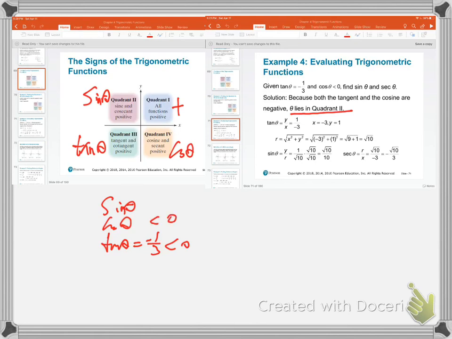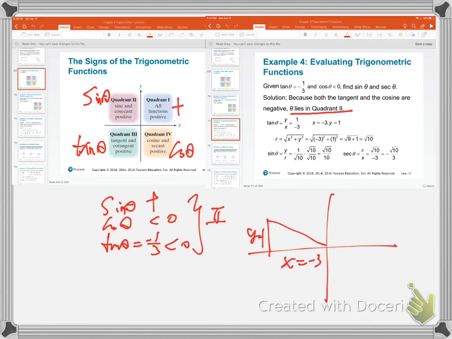Cosine negative is given, so sine is positive. There's no option there where all 3 functions are negative. So sine has to be positive, and this implies quadrant 2. Then you can draw the picture in quadrant 2, right? Then you know x is negative, y is positive, and r is radical 10, and then you can continue to get the answer.